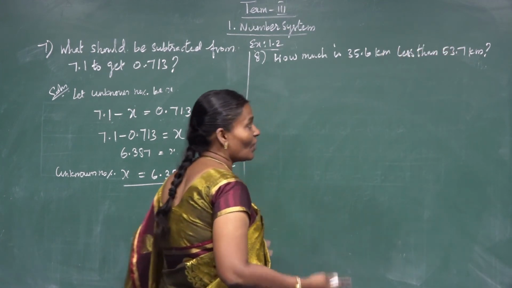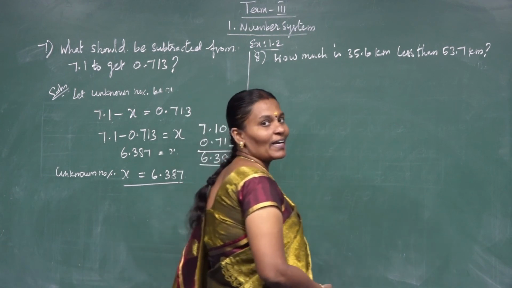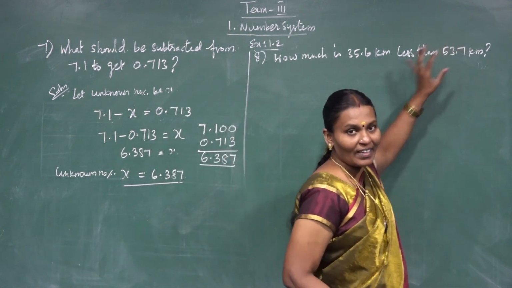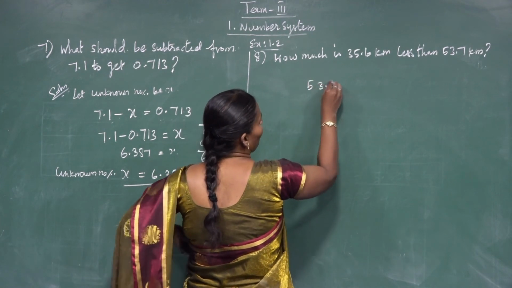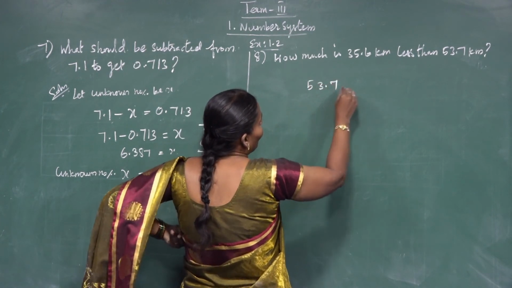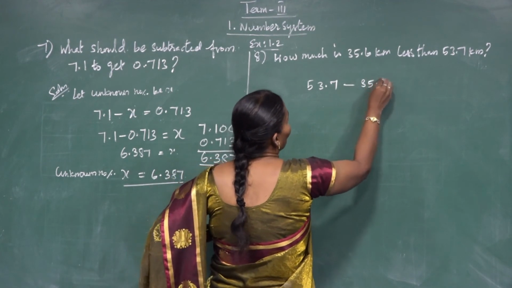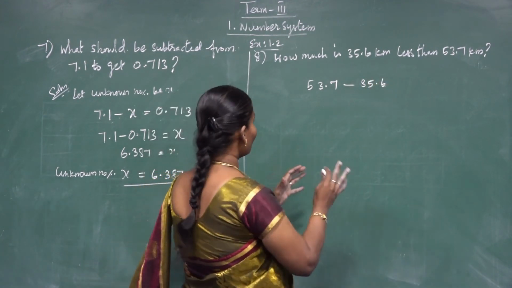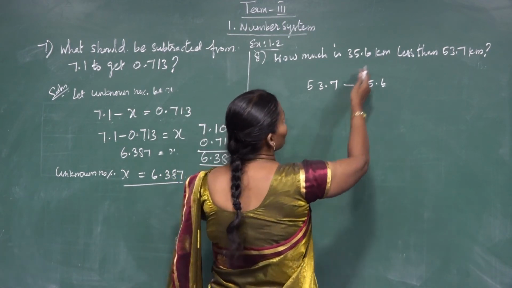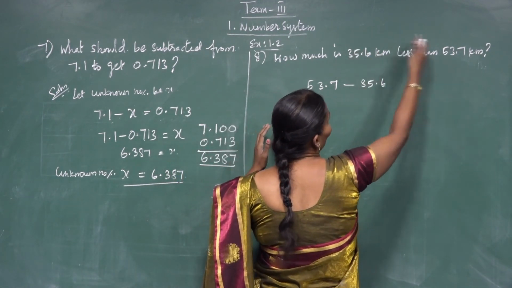So how do you find out that? Just you have to subtract from this. 53.7 minus 35.6.